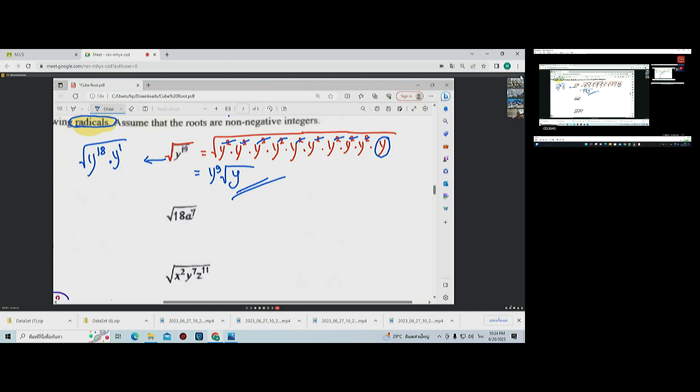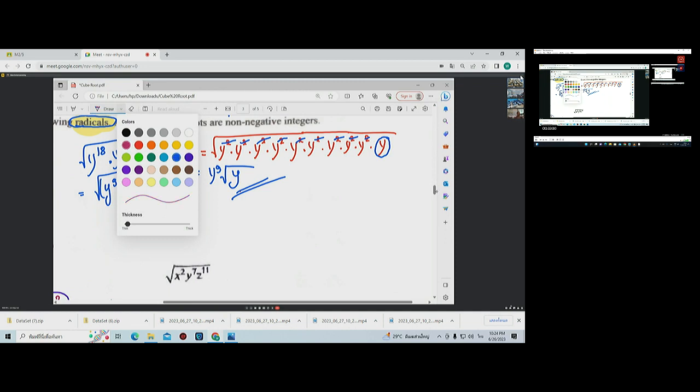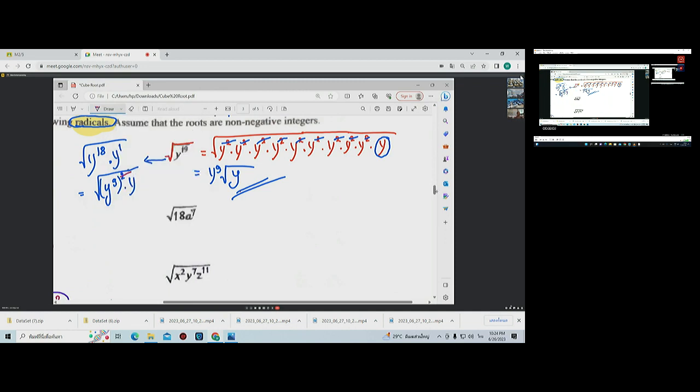We take out 18 because 18 we can divide by 2. Yes or no? So we can write y 9 square times y. So the square can come out. So y power 9 root y.